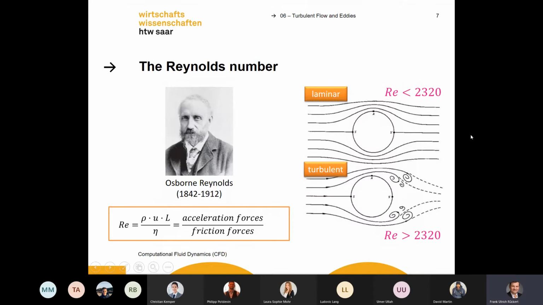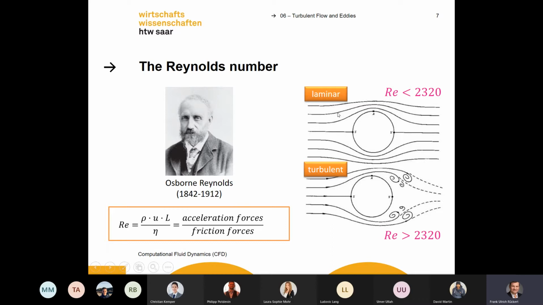So here is our Reynolds number. The Reynolds number, you already know this, is one of the most important numbers in fluid flow. It can be calculated by density times velocity times the characteristic length, for example the diameter of a ball or the diameter of a pipe, divided by the viscosity.